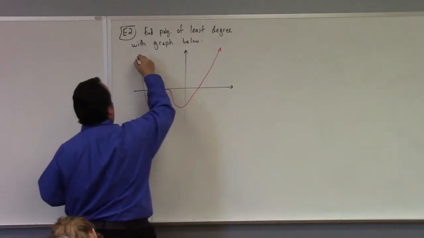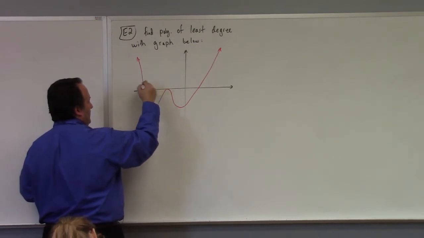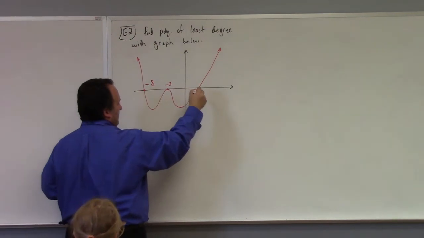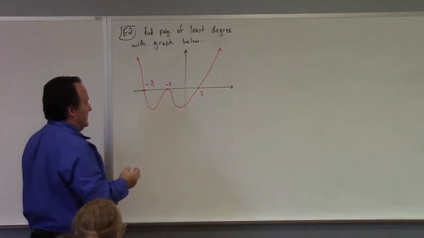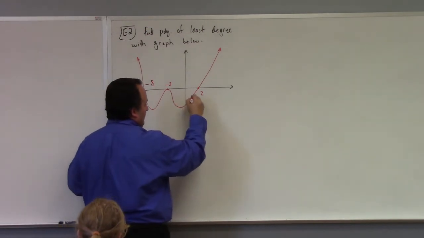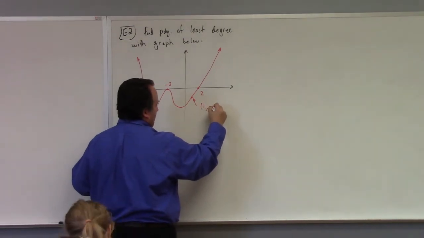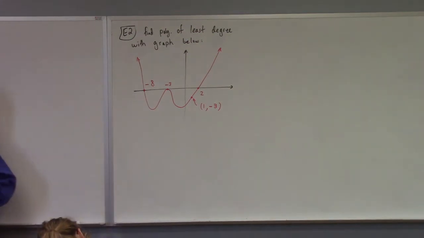I'm going to give us this crossing at minus 8. This one is going to be at minus 3. This one's going to be at 2. And I'm also going to give us that this point right here is 1, let's say minus 3. Find the polynomial of least degree which has this data.